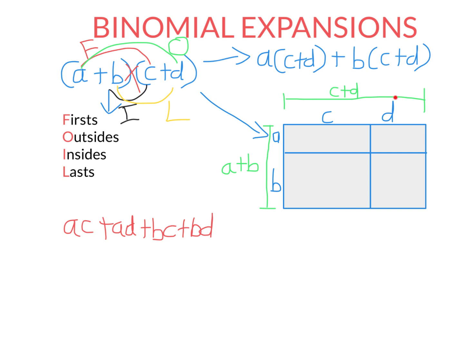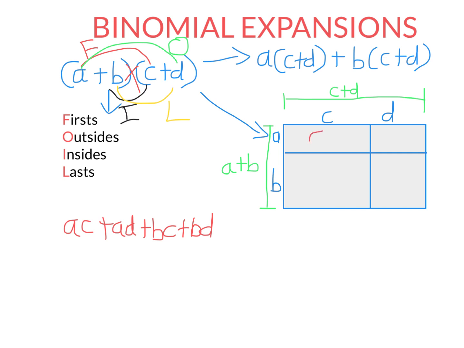What are the other methods? Well, we can use rectangles as well. We're multiplying A plus B, so that's this length here, by C plus D, which is this length here. We're basically finding the area of this whole rectangle. Width is A plus B and length is C plus D. So to find the area of this big rectangle, I can just find the area of the smaller rectangles and add them up.